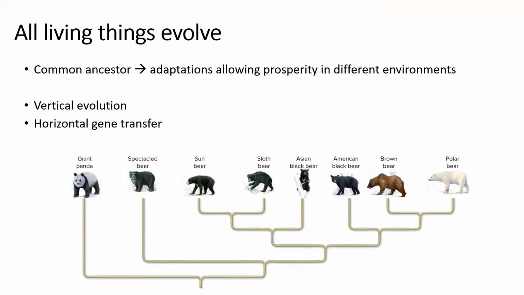We arose from a common ancestor, and the fact that we are able to evolve is because adapting to the environment that we're in is going to allow the organism, or us, for example, to prosper. So we're going to talk about the different ways that evolution does occur, and I'm going to do that in the next video, okay?